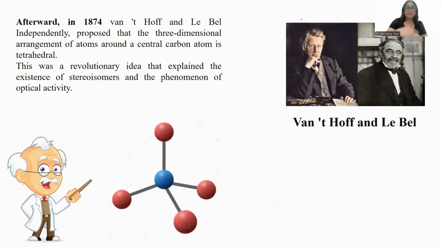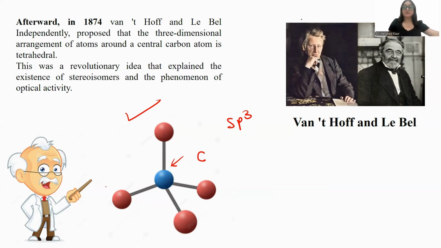Further, in 1874, Van't Hoff and Le Bel, both different scientists working independently, proposed a 3-dimensional arrangement of atoms. They said there is one central carbon, which is tetrahedral. Tetrahedral means sp3 hybridized. They proposed this 3-dimensional structure of the atom around the central carbon atom.